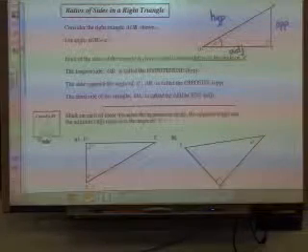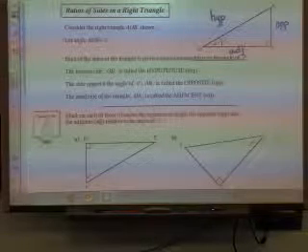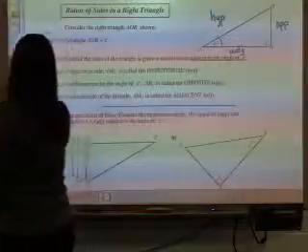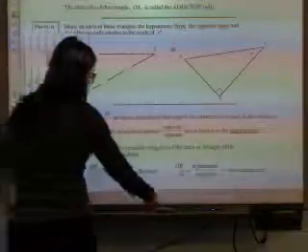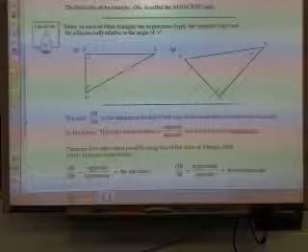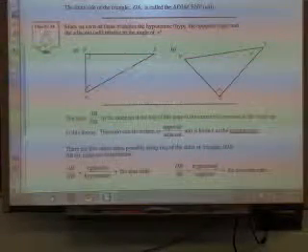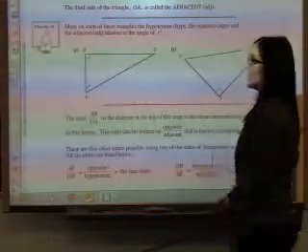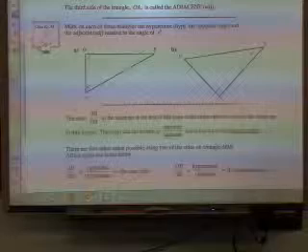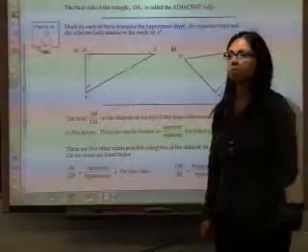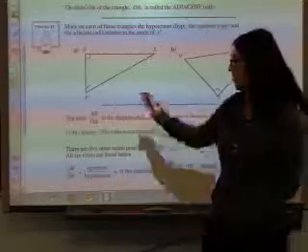Using that information, I want you to complete class example number 1, labeling the triangles as hypotenuse, opposite, and adjacent. In triangle DEF, which side length do I label as hypotenuse? FE.